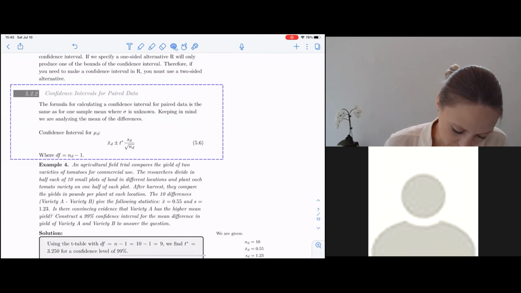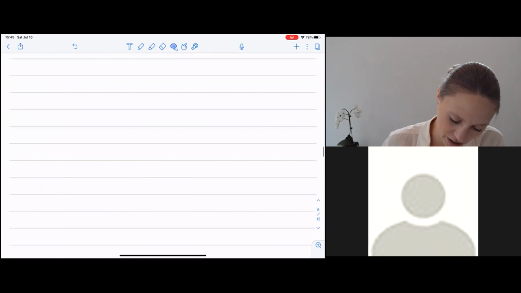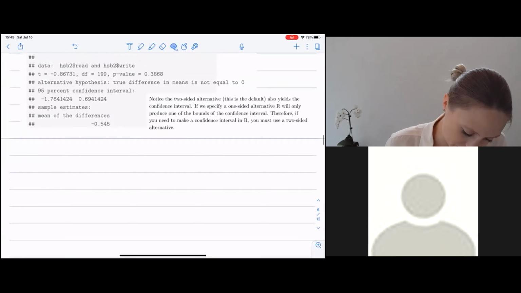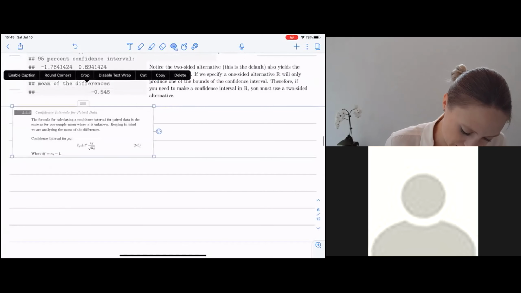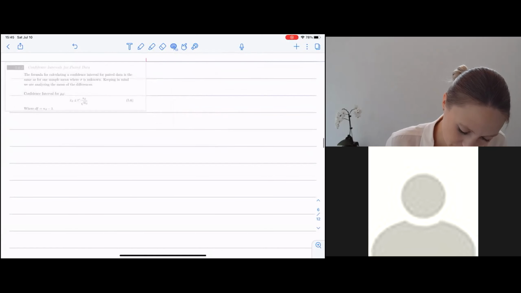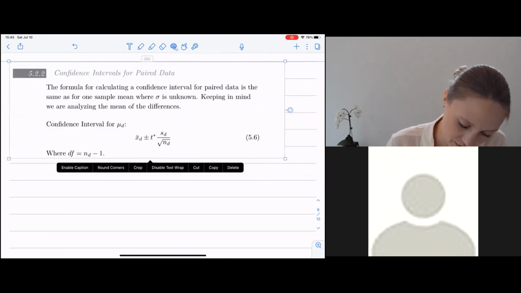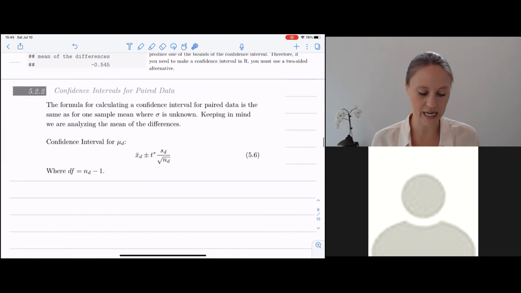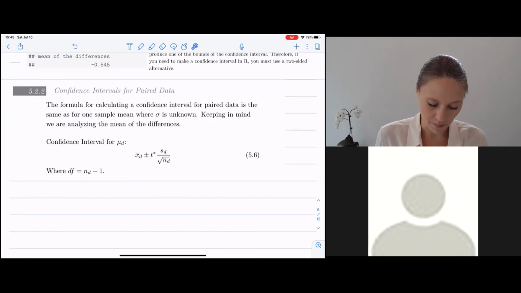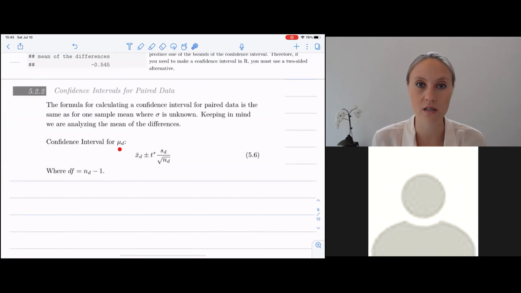So we've already seen it on the formula sheet, but let's bring up the confidence interval for paired data. What's this an interval of? It's trying to capture the population mean of the differences, right? Beyond that, we don't really need to introduce anything else here.